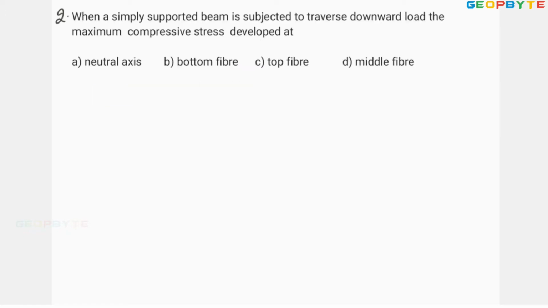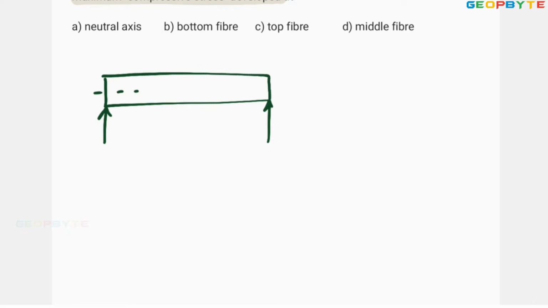Read the second problem. When a simply supported beam is subjected to transverse downward load, the maximum compressive stress developed. It is like this. It is a simply supported beam. This is the beam, this is the axis of the beam.